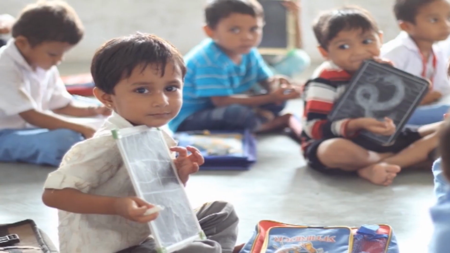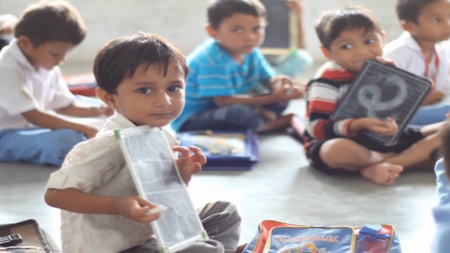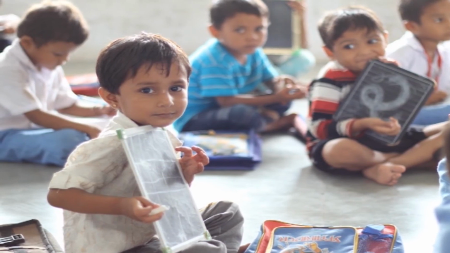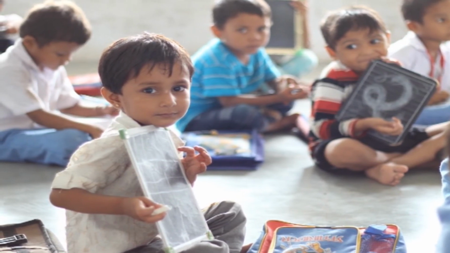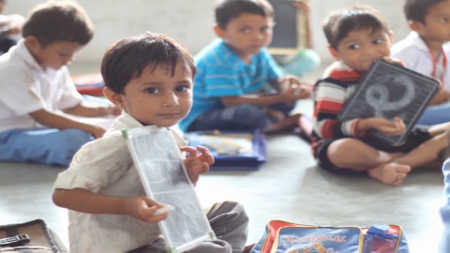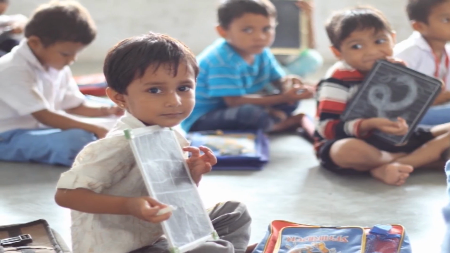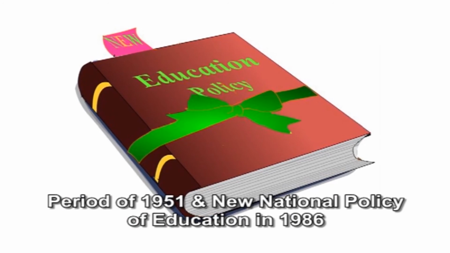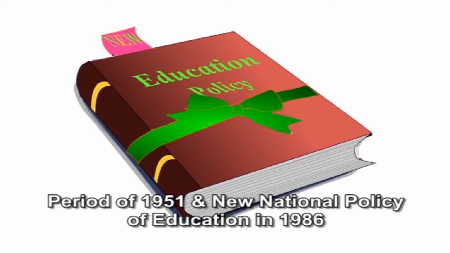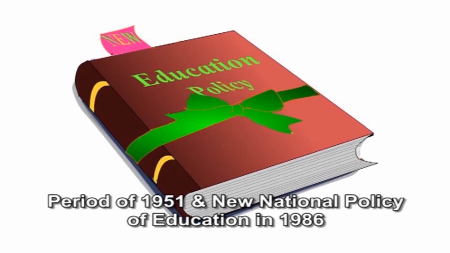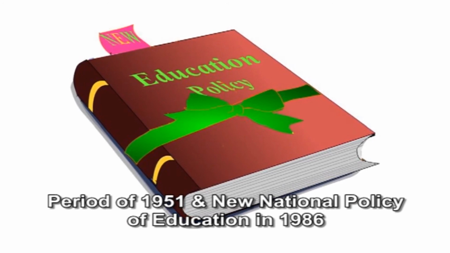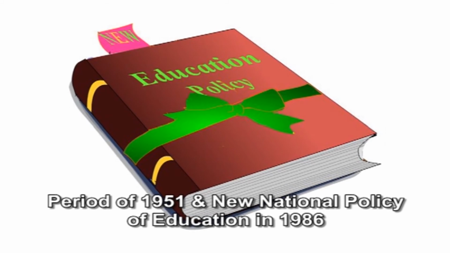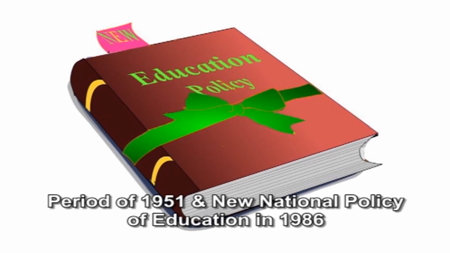The directive principles of the Indian Constitution provide for free and compulsory education to all children up to the age of 14. Between 1951 and the new National Policy on Education in 1986, a number of institutions were started for elementary education.